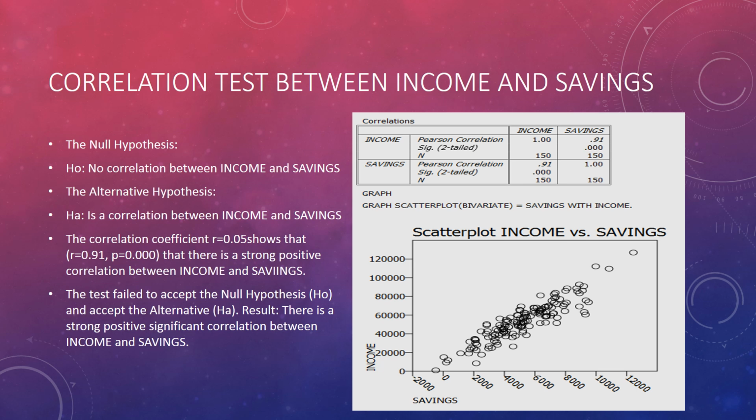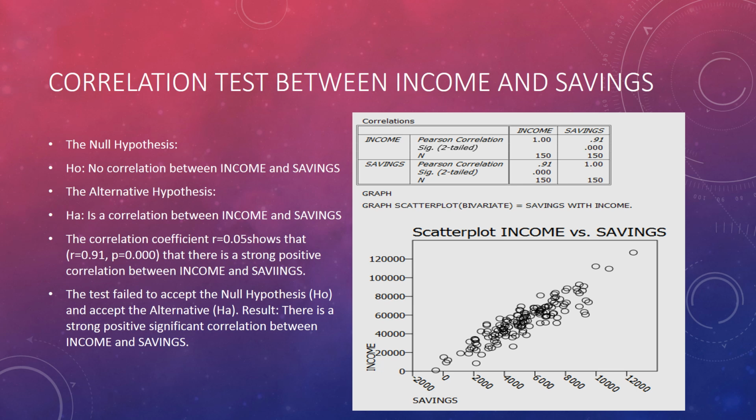On the correlation test between income and savings, the null hypothesis states there's no correlation between income and savings. The alternative hypothesis shows that there is a correlation between income and savings. The correlation coefficient, assuming alpha equals 0.05, shows that R equals 0.91, the p-value equals 0.0, and that there's a strong positive correlation between income and savings.